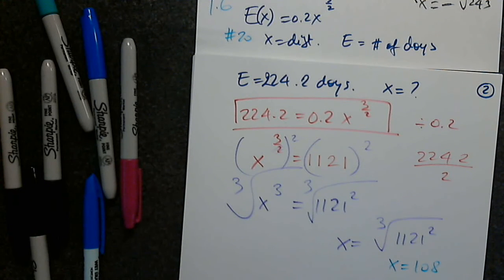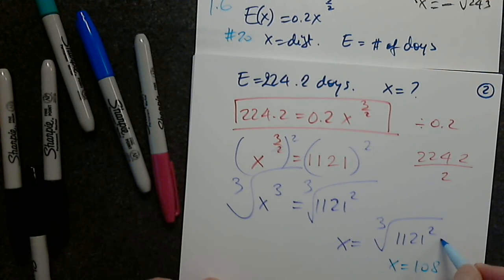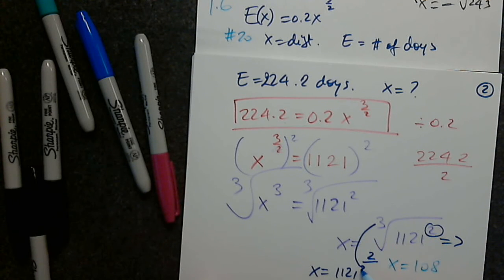So that's the correct form, right? So this is x equals 1121 raised to 2 over 3. The denominator is always the index. The numerator is the power.